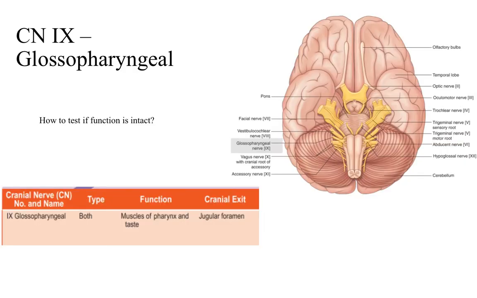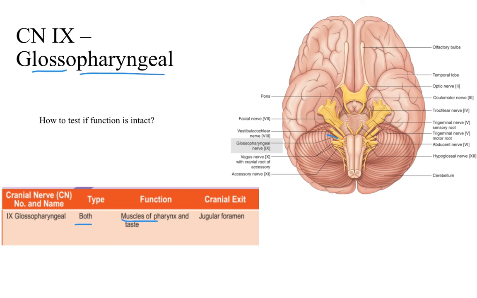All right, cranial nerve 9 is the glossopharyngeal nerve right here. So the name tells you kind of what it is about. Glosso refers to tongue, pharyngeal refers to the pharynx. So your tongue and your pharynx allow you to do what? Swallow. So it has both sensory and motor function.